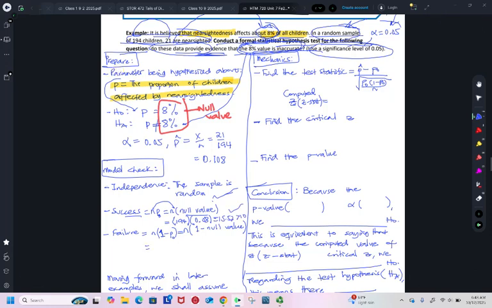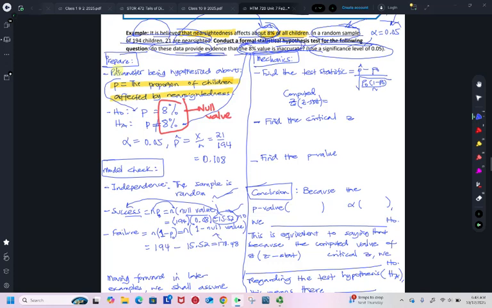So the failure would then be, since 15.52 is the number of successes out of 194, 194 minus 15.52, that would give us 178.48.